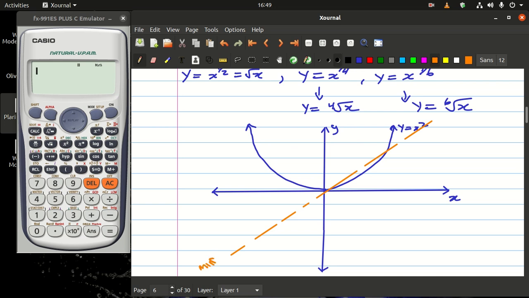This is a mirror. Now that you have this, we know that if I interchange x and y here, I will get x is equal to y squared, and if I solve this here, I will get y is equal to plus or minus the square root of x.